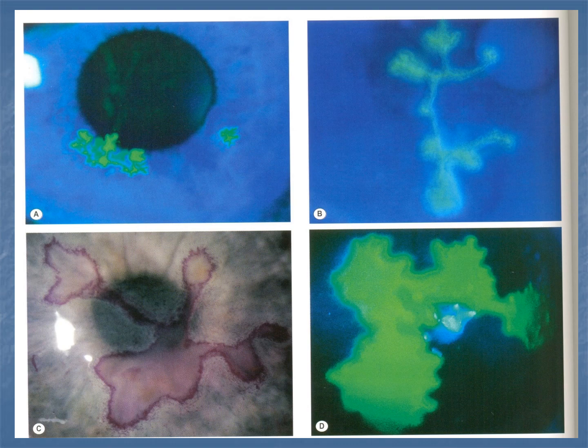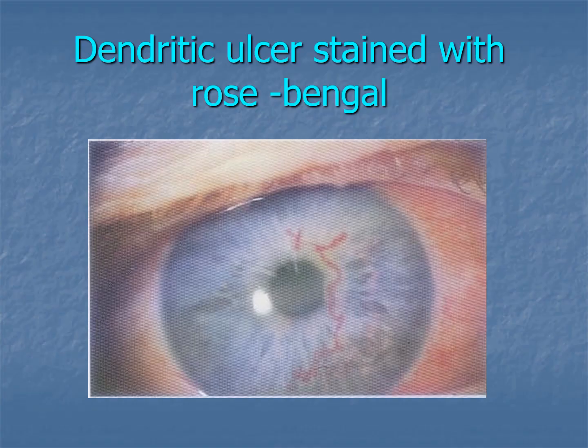In picture D, you can appreciate the geographical or map-like stage of the dendritic ulcer. This map is just depicting the northern areas of Pakistan. Here you can appreciate the dendritic keratitis stained with rose bengal.